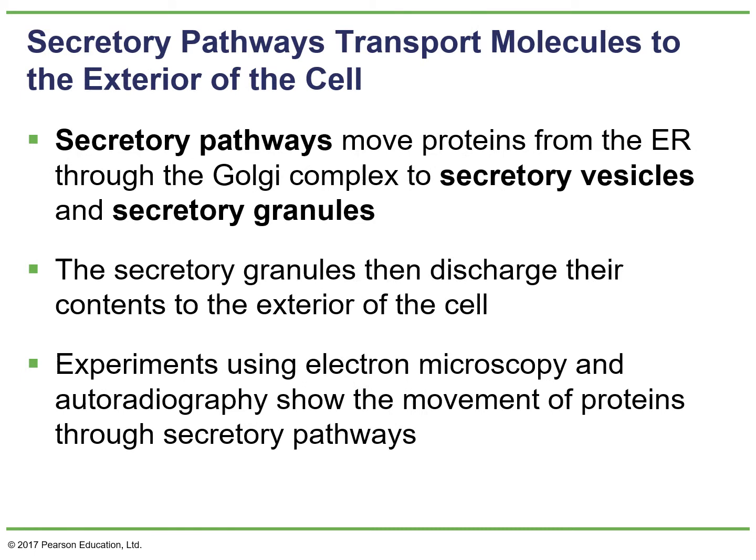Secretory pathways transport molecules going to the exterior of the cells with the help of secretory vesicles and secretory granules. Experiments using electron microscopy as well as autoradiography allow us to see the movement of proteins through the secretory pathways.